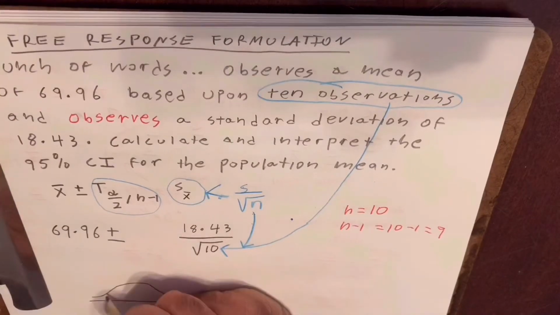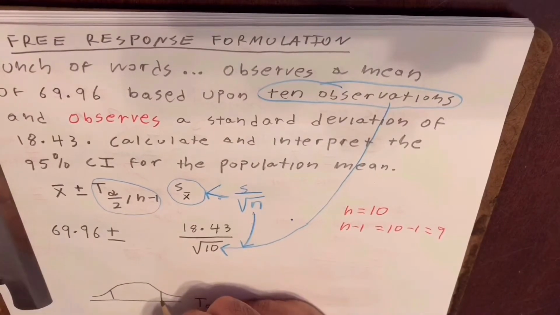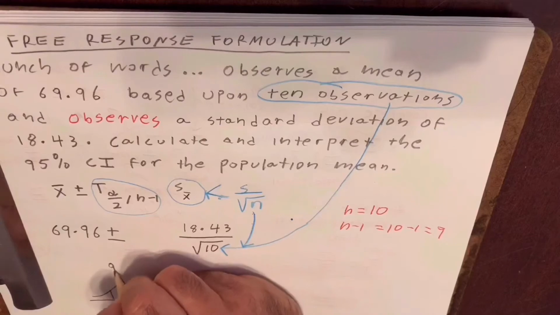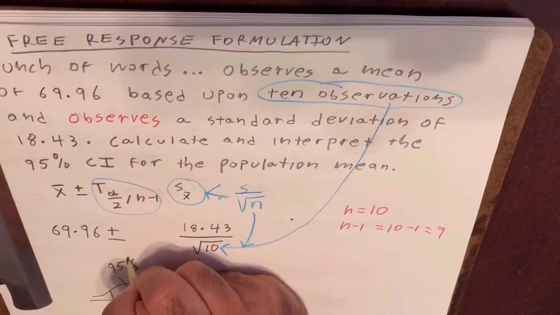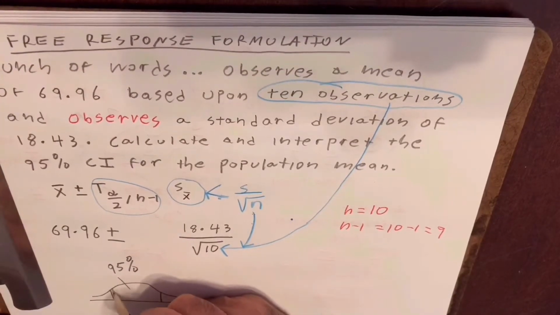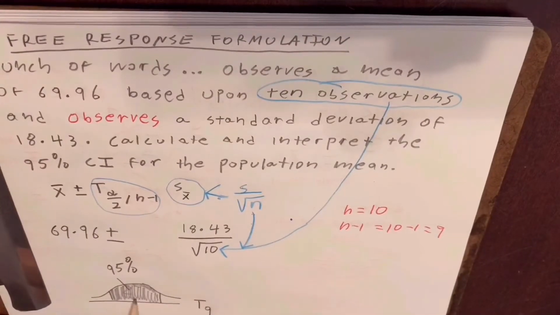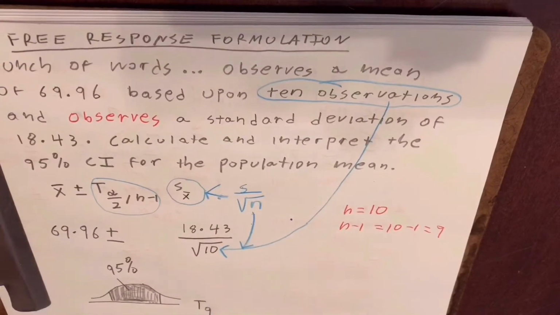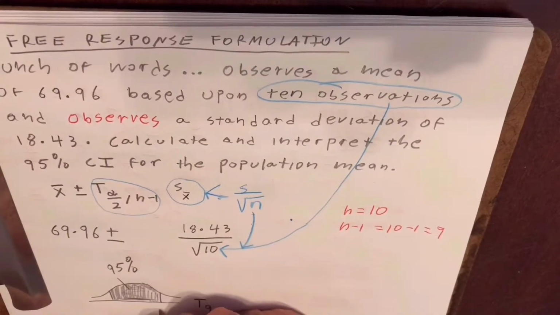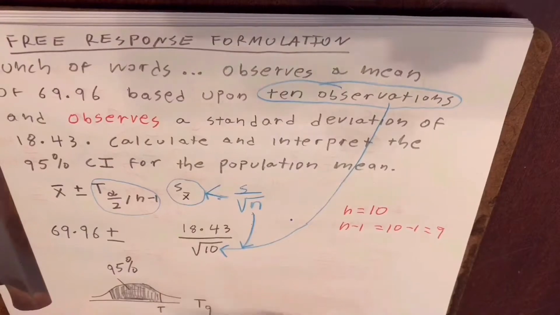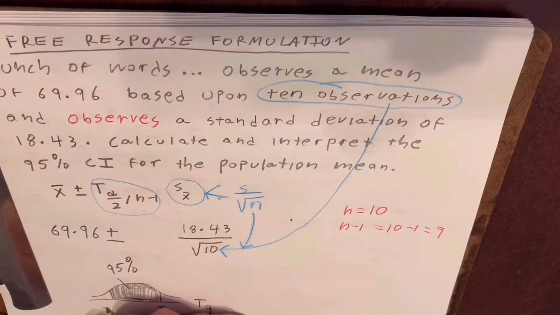And if we have a 95% confidence interval, that means 95% of the area under this probability density function, which is a T distribution with 9 degrees of freedom, is going to be within these two bounds. This score here is t sub alpha over 2, and this score here is negative t sub alpha over 2.